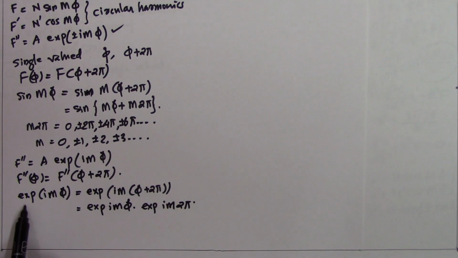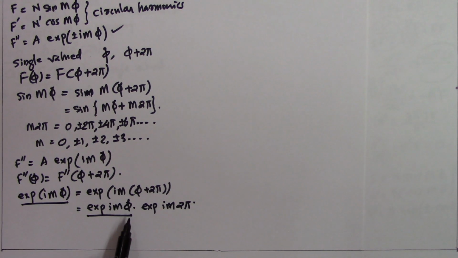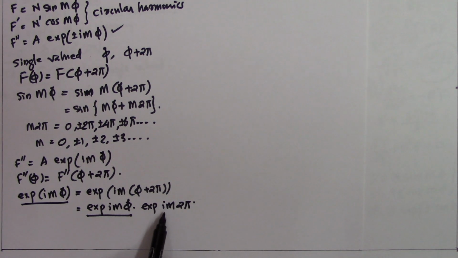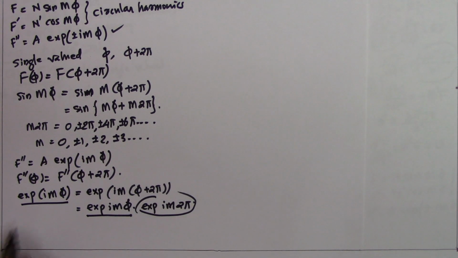It means that exponential i m phi is equal to the same function, exponential i m phi, multiplied by exponential i m 2 pi. It means that exponential i m 2 pi must be equal to 1.